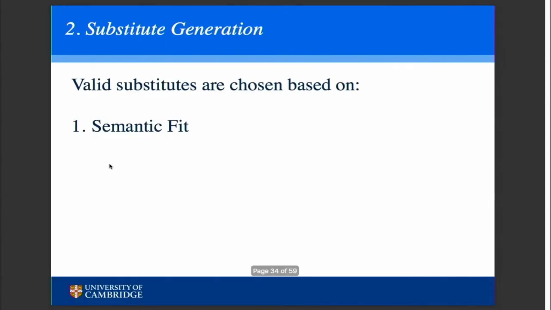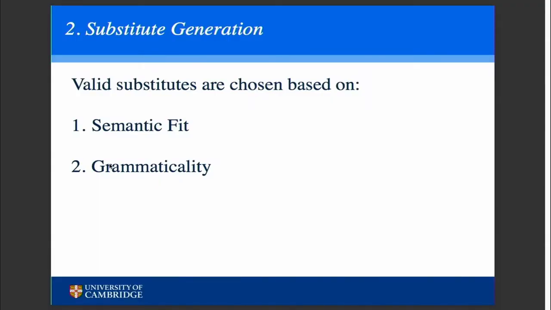And the first of these is the semantic fit. And what we mean by this is not necessarily all synonyms that you generate for a word are going to have the same meaning when you put it back into the original sentence. And so we have to check, does this word actually mean the same as the original when we put it back into the sentence.